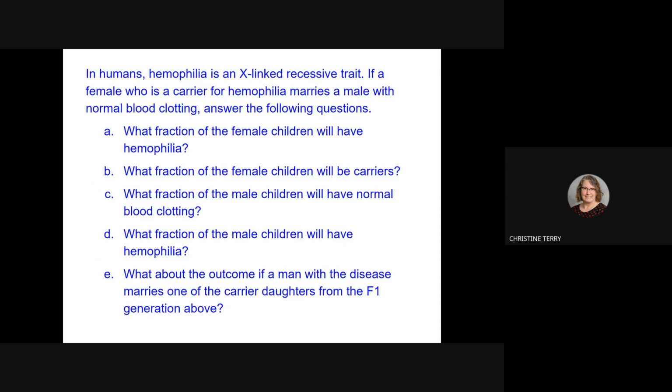so the first question is, what fraction of the female children will have hemophilia? Okay.